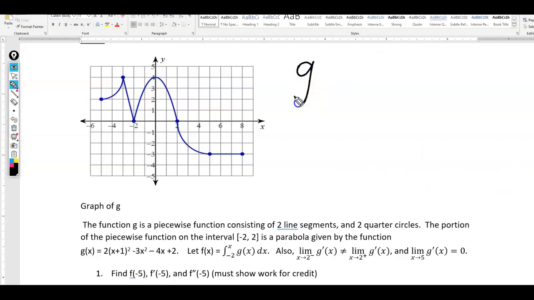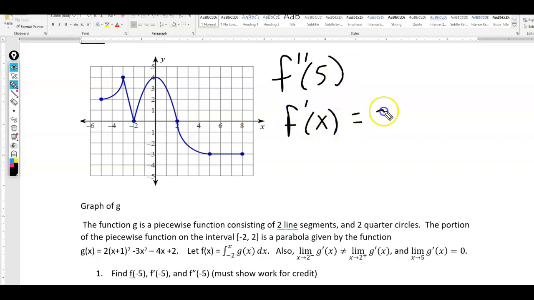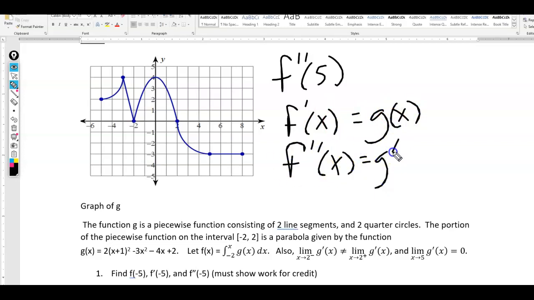The next one is asking us to find f double prime, right? Well, first of all, we know that f prime is this, right? So that means that f double prime is equal to g prime.